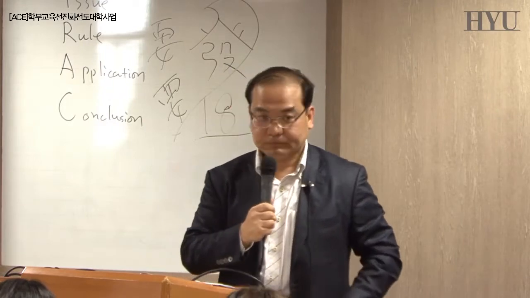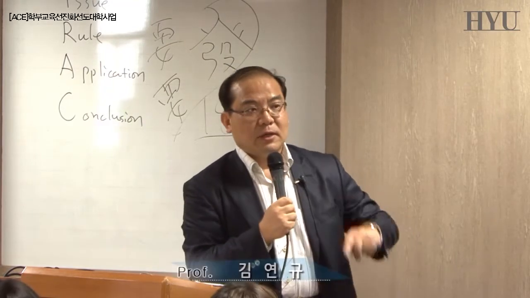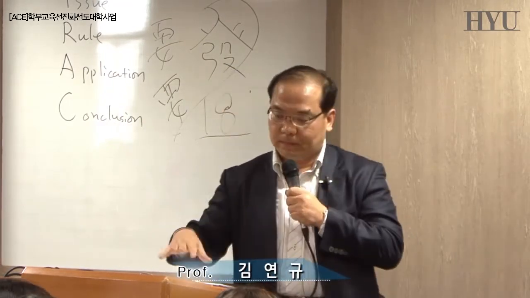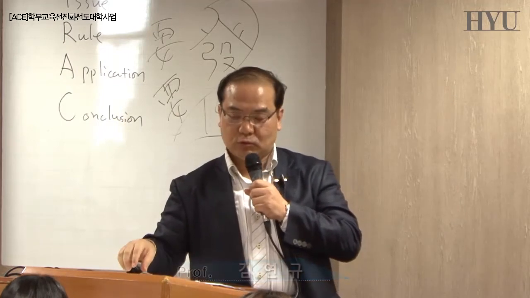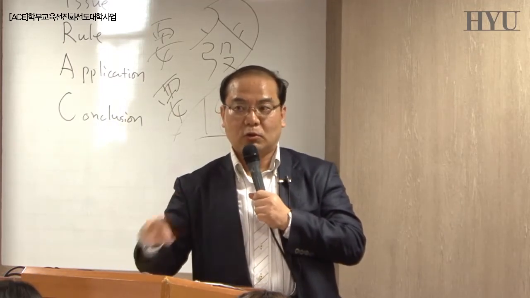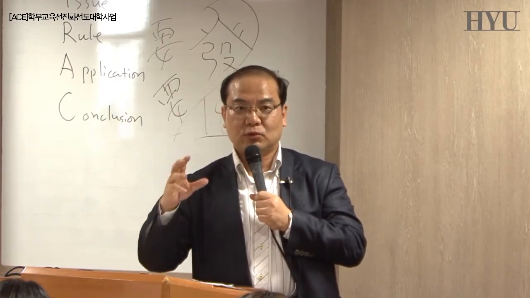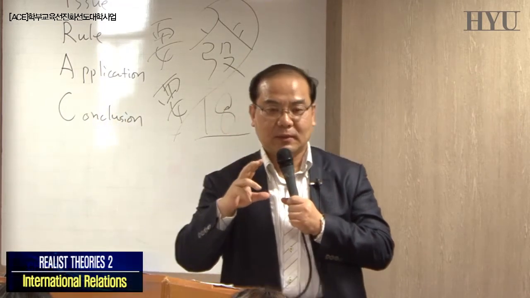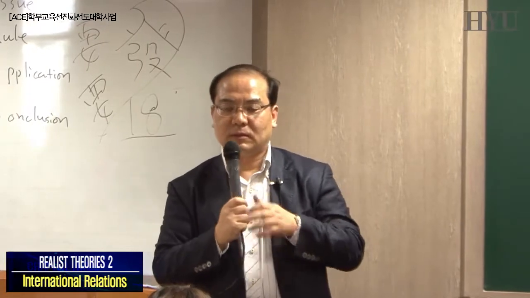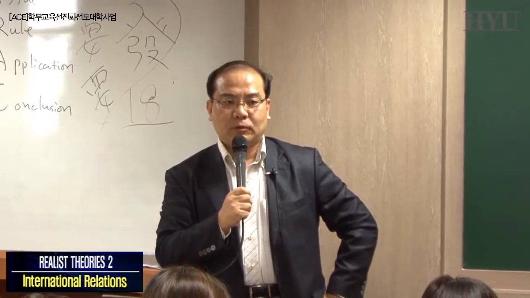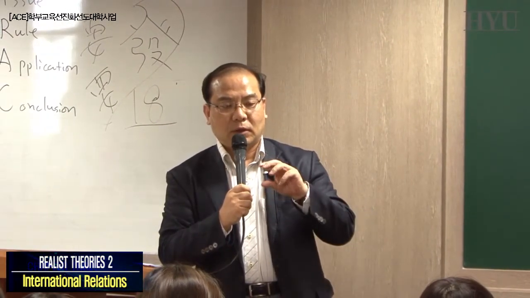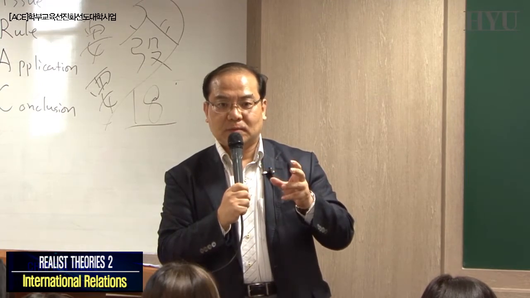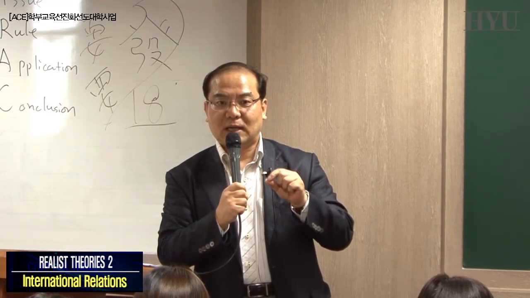Now, first, great powers. Let's finish up the second half of chapter 2. The goal of today's class is to apply major concepts and theories to the great power system 1500 to 2000.